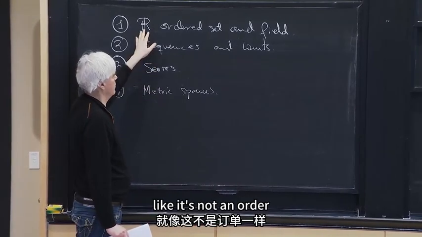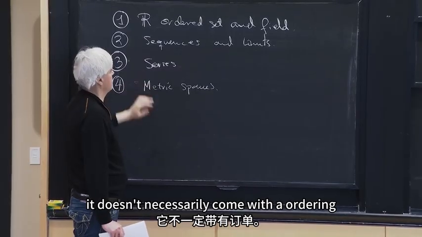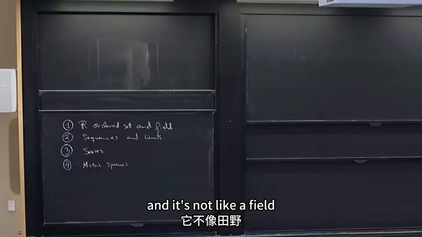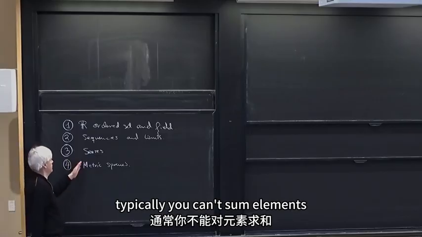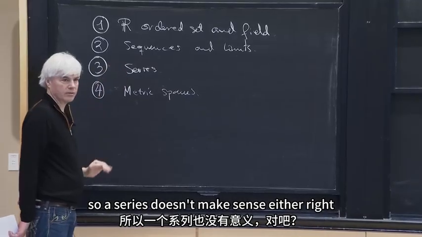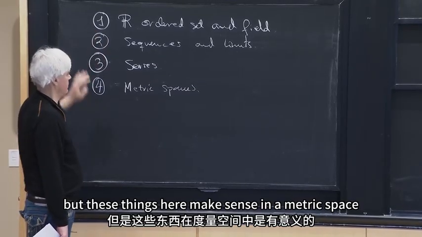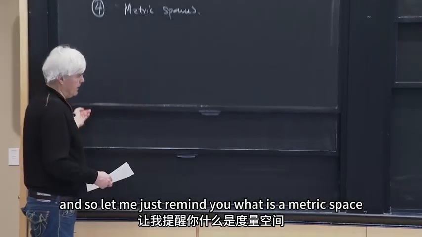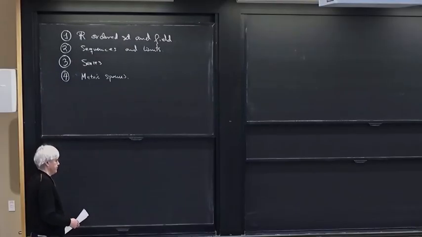A general metric space doesn't necessarily come with an ordering, and it's not like a field. In particular, typically you can't sum elements, so a series doesn't make sense either, right? But these things here make sense in a metric space. And so let me just remind you what a metric space is.